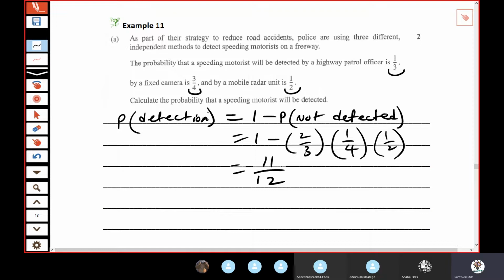All right, 11 over 12. That means the probability that a speeding motorist will be detected is pretty high, because there are a lot of tools to be caught. All right. Any questions?